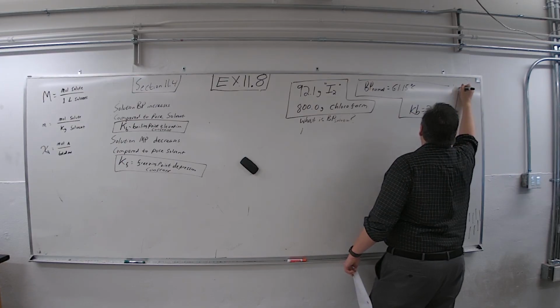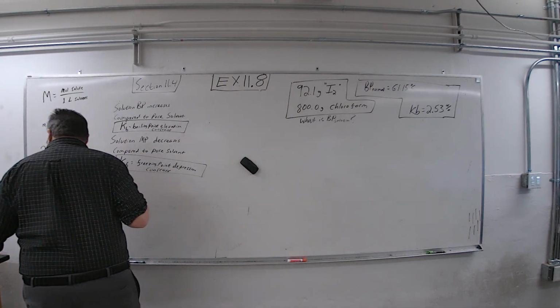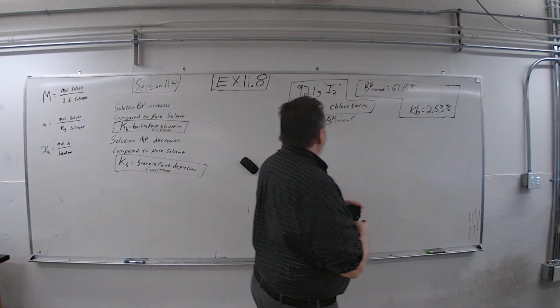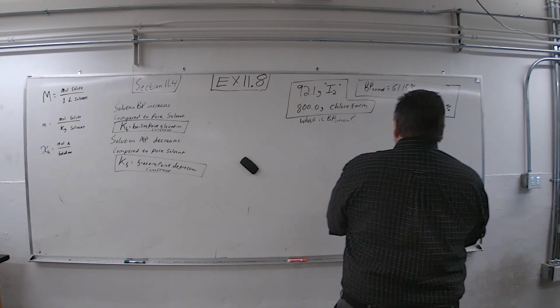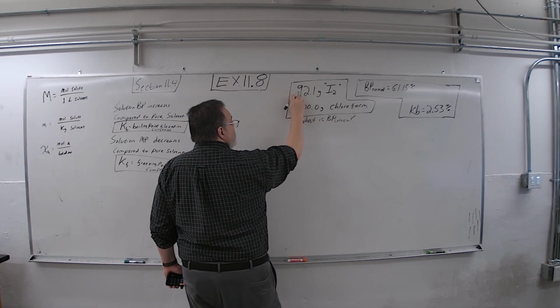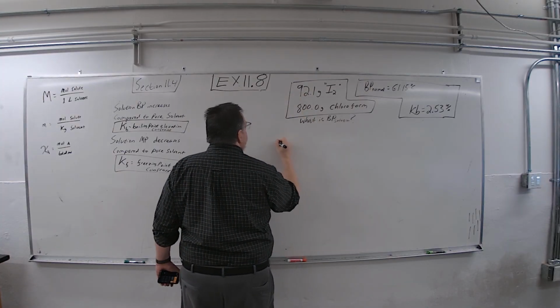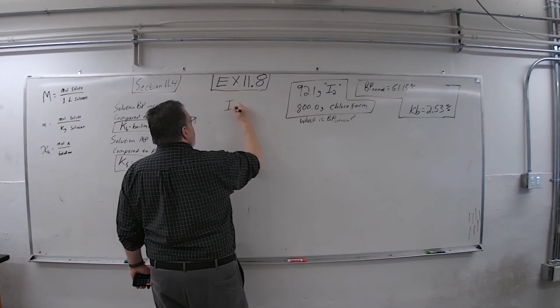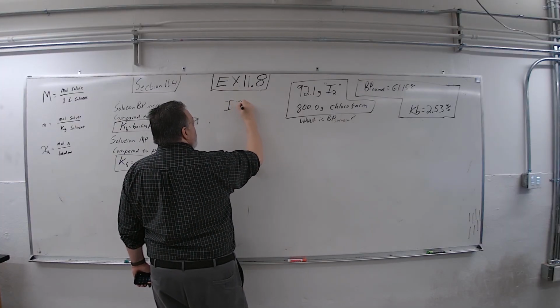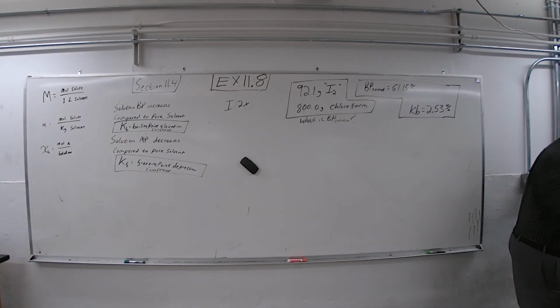Degree C. Write this as kilograms. So to look up iodine on the periodic table.